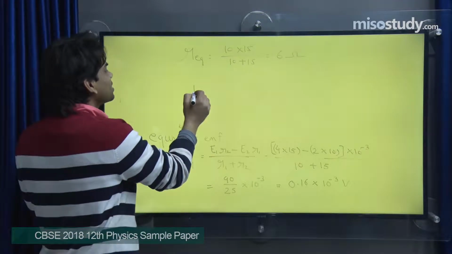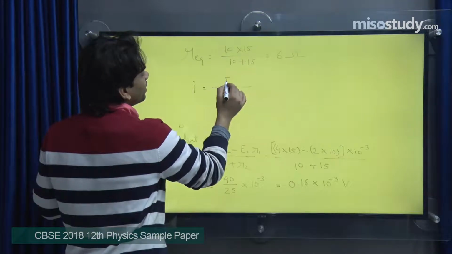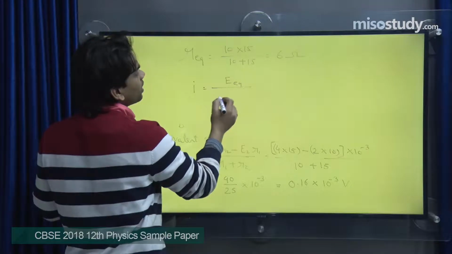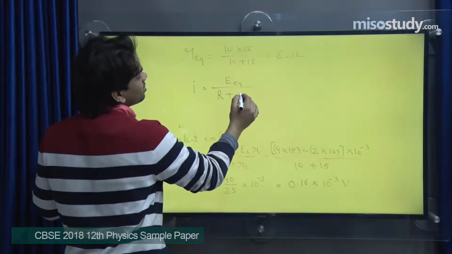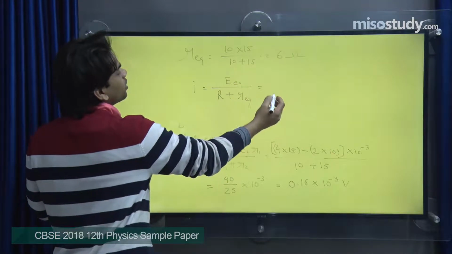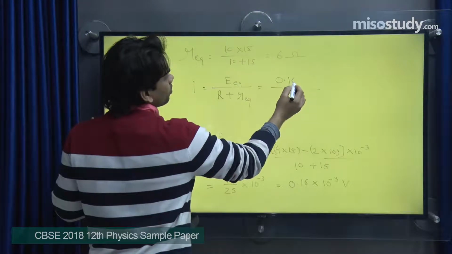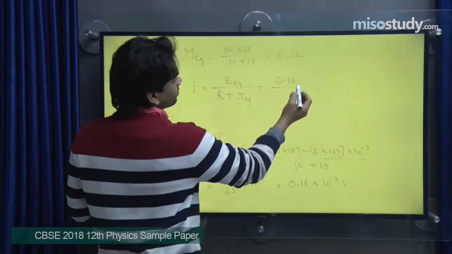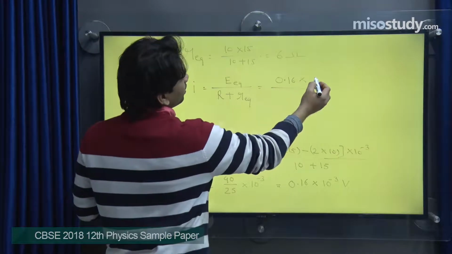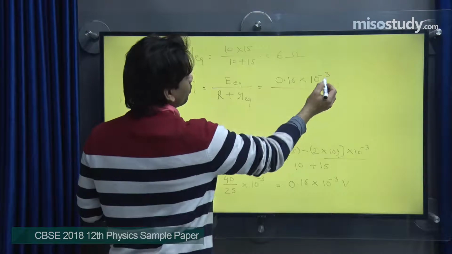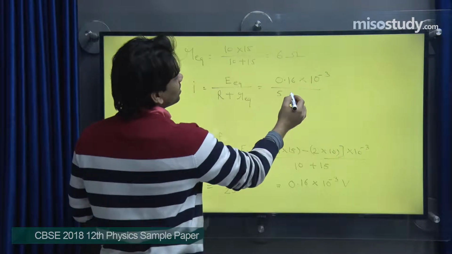Now current is simply the net equivalent EMF divided by the external resistance plus the equivalent internal resistance. This is the value 0.16 multiplied by 10 to the power minus 3 volt, divided by R plus R, 5 plus 11.